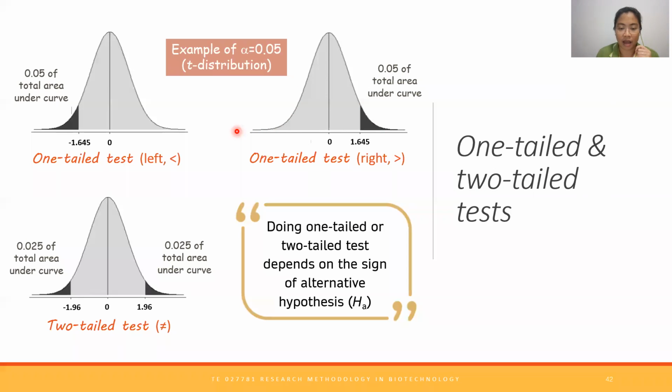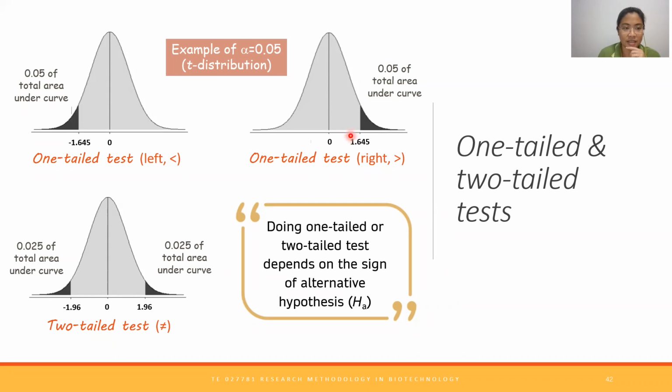Let's see the example of the test at a significance level of 0.05. For a one-tailed test, you are interested in the area on either the left or the right tail of the curve.